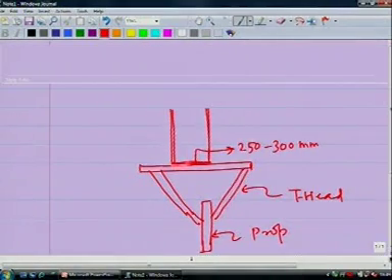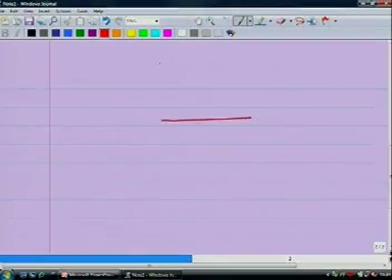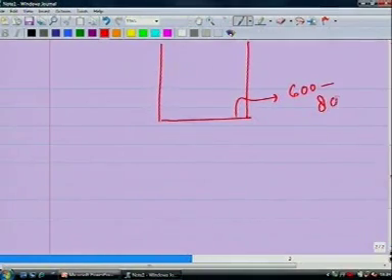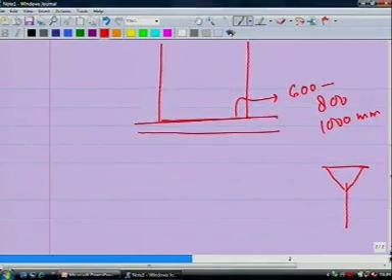Now, when the width of the beam is more, suppose you have a beam of let us say this much width, maybe this width could be of the order of 600 to maybe 800 or maybe even 1000 millimeter. In such cases, you will find that the T heads are not appropriate, they will not be able to take all your loads. So, in such cases you will find that the props are arranged in 2 rows.